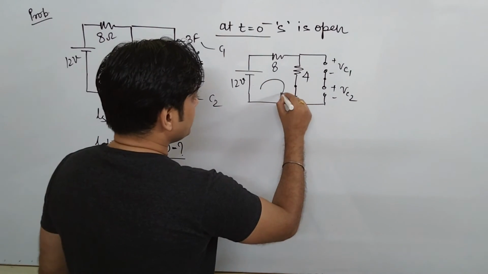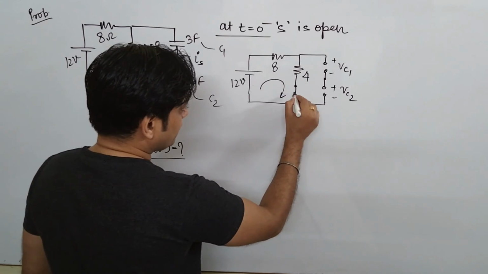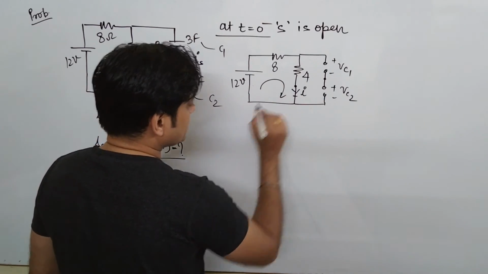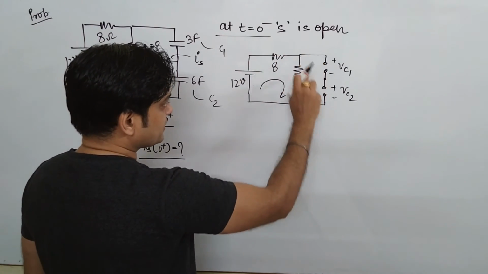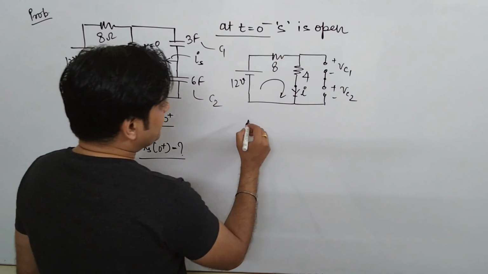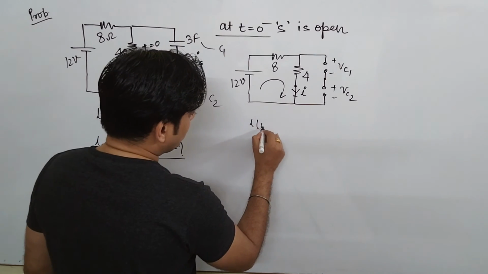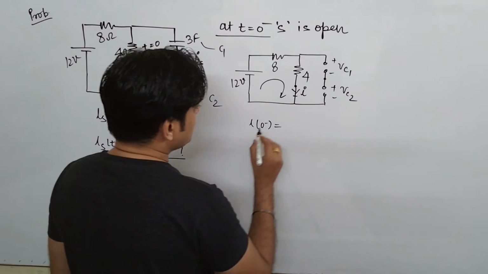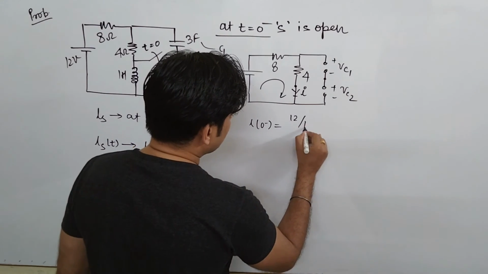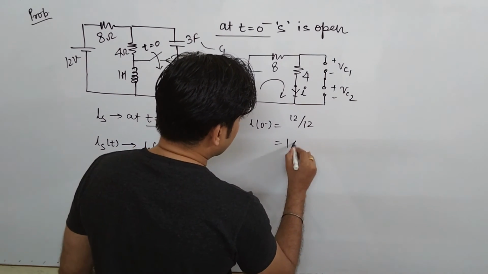Now, I am talking about this current I, which is flowing in this manner. Because it is open circuited, no current will enter here. So you can say the value of I(0-), since this current is across the inductor, is 12 by 12, and that comes to be 1 ampere.